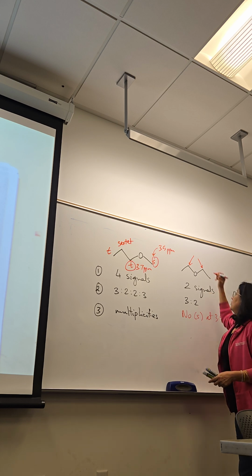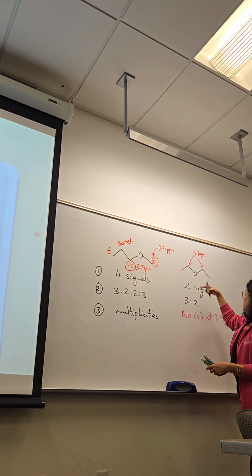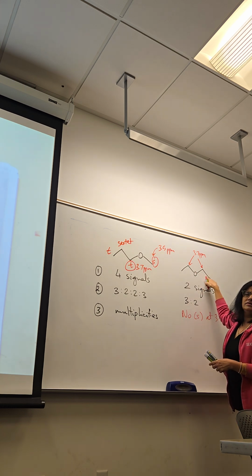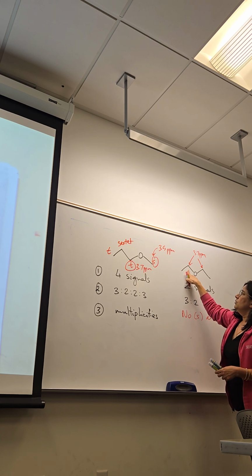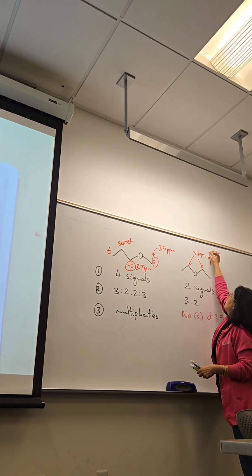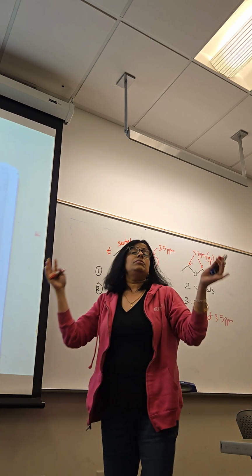Not 3.5, about 3.7 ppm. What's the multiplicity for that signal? Quadruplet. Quartet. Quartet, so we will see a quartet at around 3.7, but no singlet.